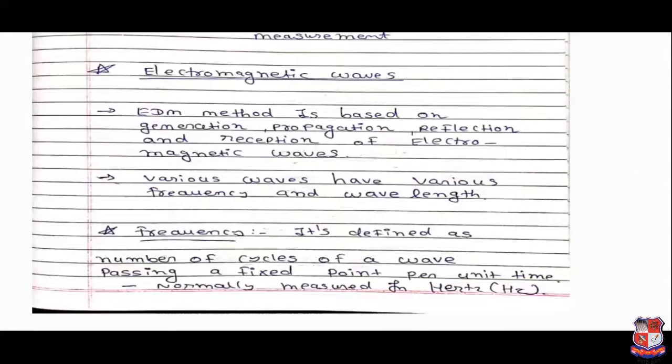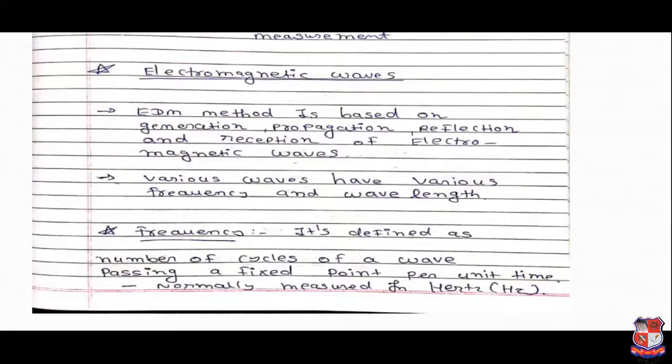As you know, various waves have various frequencies and wavelengths. EDM instruments use the same electromagnetic waves. With the range of the waves, we have different types of EDM instruments.